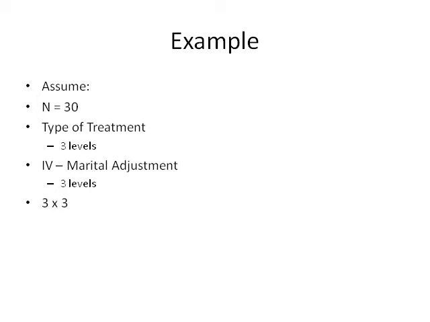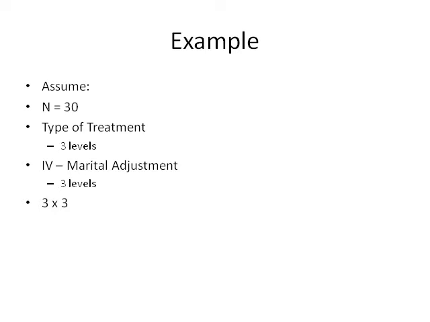Let's also imagine that we think the response of the participants to the treatment for depression will be affected by the client's marital adjustment. We might hypothesize that the experimental treatment would work best for individuals with higher levels of marital adjustment or support. We might then decide to interview participants before the study to assess their marital adjustment, and on the basis of that interview we would classify them as suffering from either high, moderate, or low levels of marital adjustment.